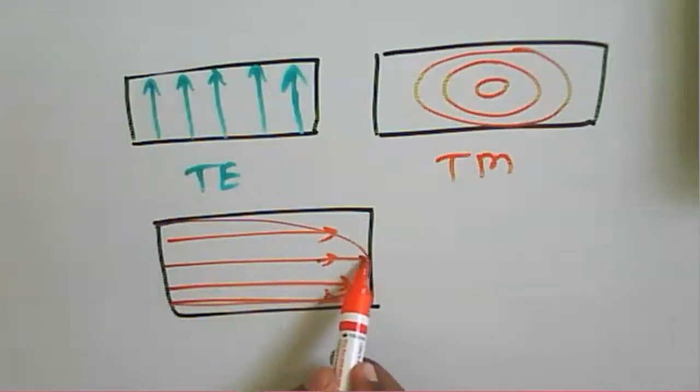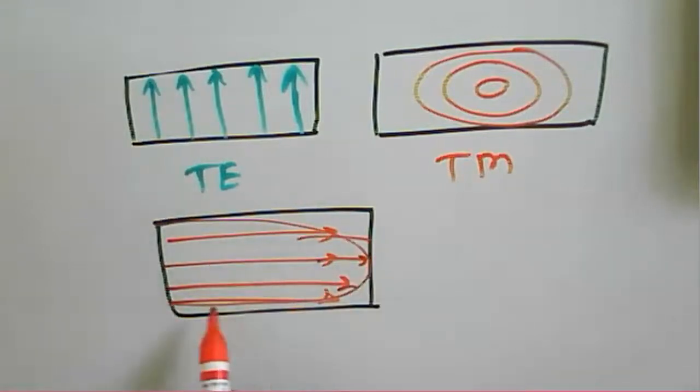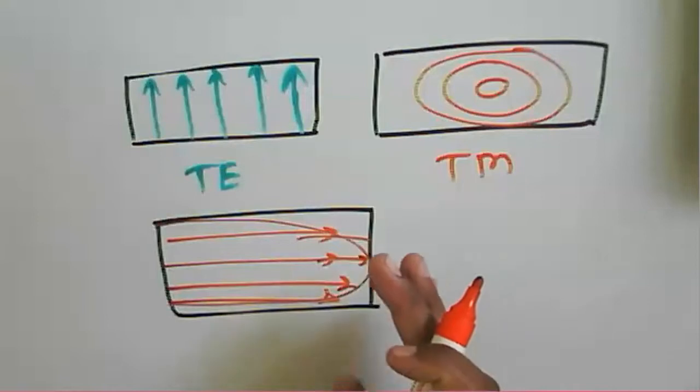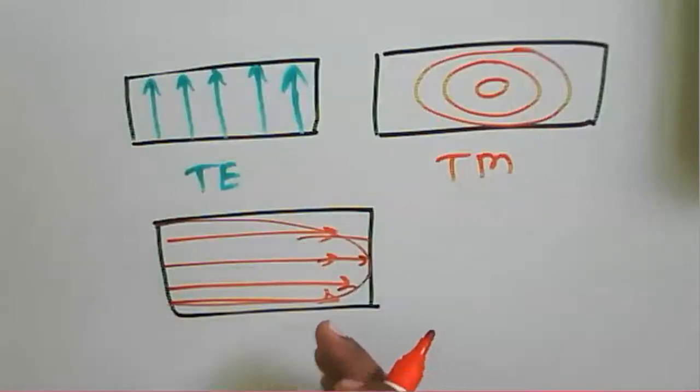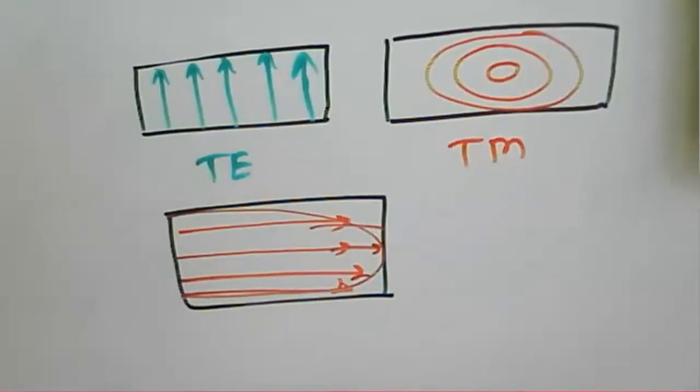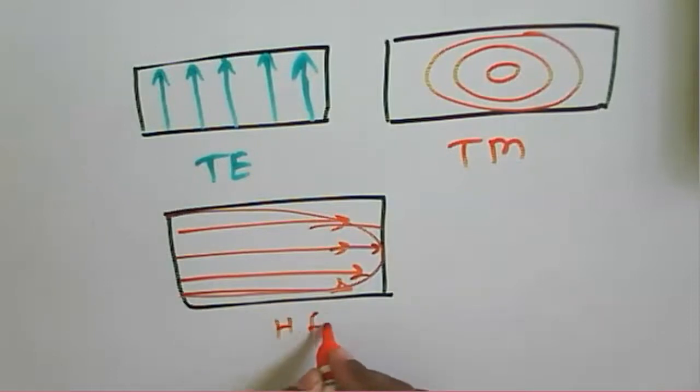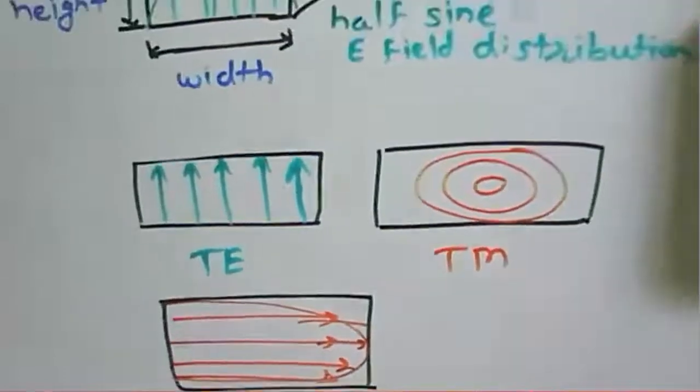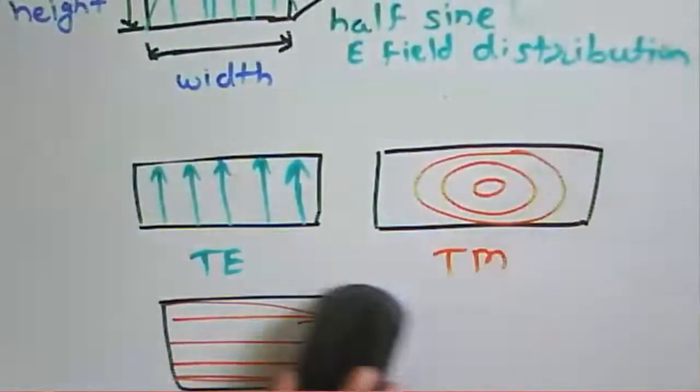Likewise, we have the half sine H field distribution here. This is the H field distribution: a half sine, then a full sine distribution, and according to that the modes will be there.